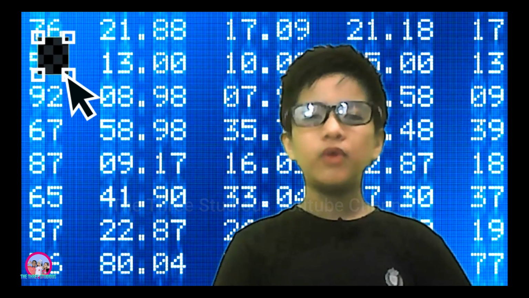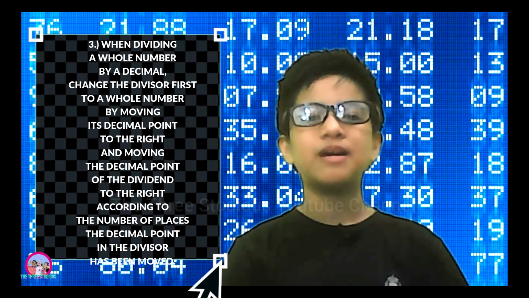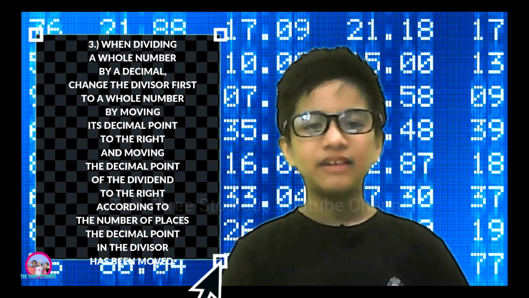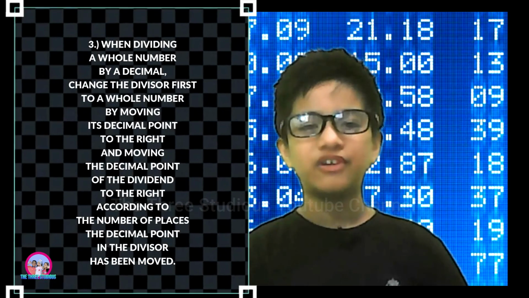When dividing a whole number by a decimal, change the divisor first to a whole number by moving its decimal point to the right and moving the decimal point of the dividend to the right according to the number of places the decimal point in the divisor has been moved.